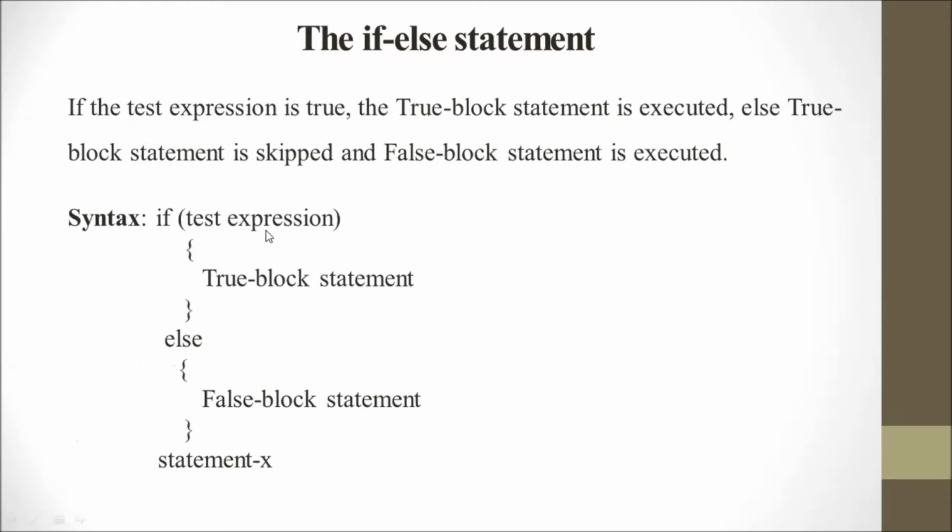If the test expression condition is true, the true block statement will be executed. If this condition is false, the control switches to the else part and the false block statement will be executed. So here are two blocks given, the true block and the false block.